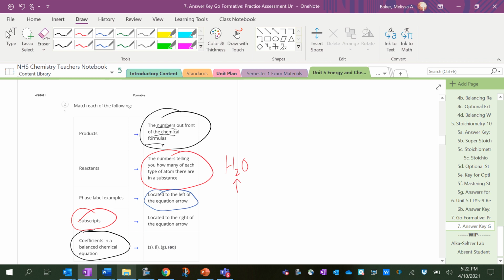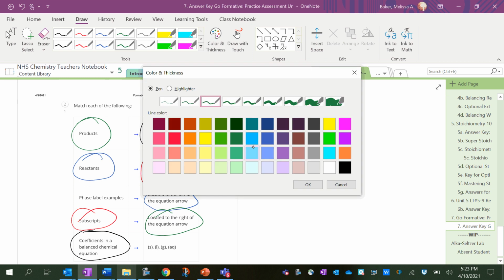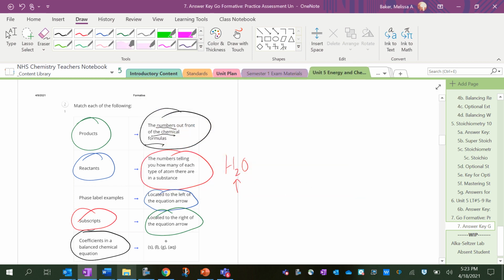Located to the left of the equation arrow, that's what you start with, the reactants. Located to the right of the equation arrow, that's the products. And let's get one other color. Solid, liquid, gas, aqueous, those are phase label examples.